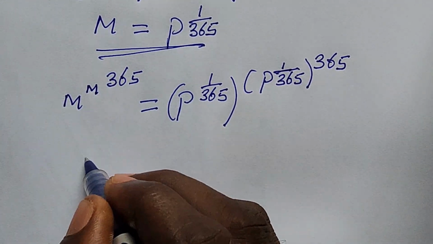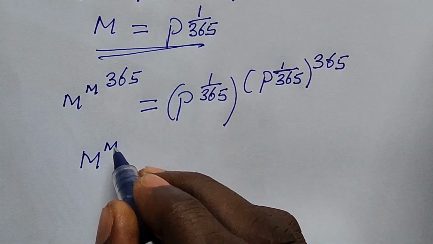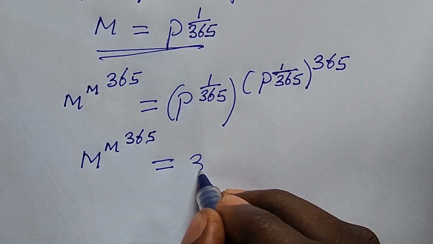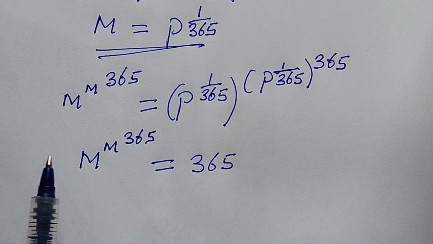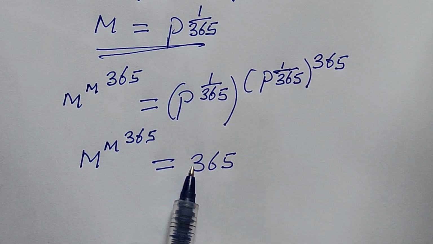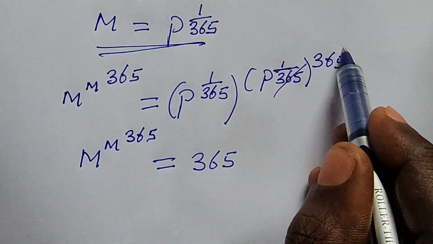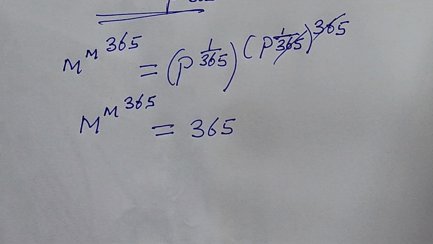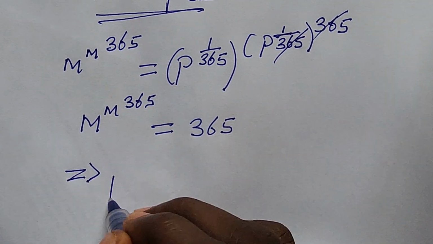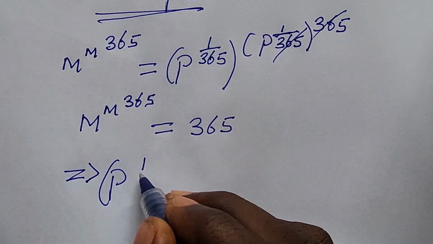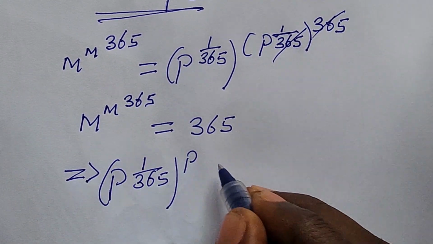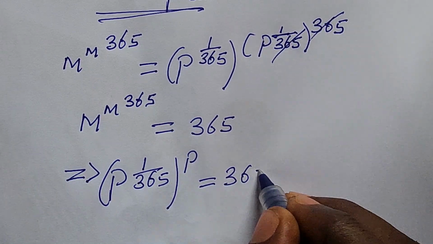So we can now have this to be (m to the power of m) all to the power of 365 will now be equal to 365. So if we're having this equal to this and this is equal to this, we can express the whole of this equal to this. And again, this and this will leave the system. And so this now implies that p to the power of 1 over 365, all to the power of p, is equal to 365.